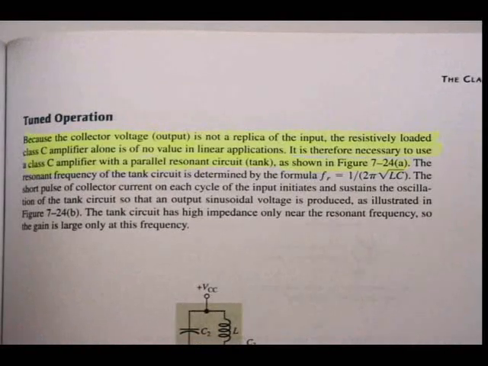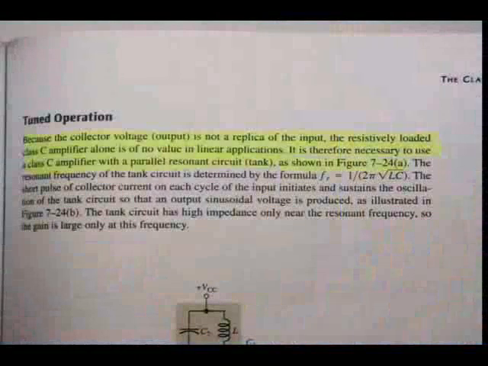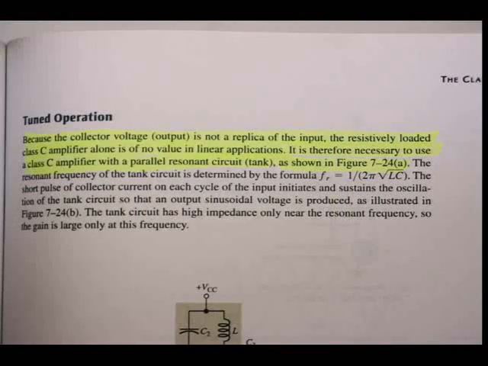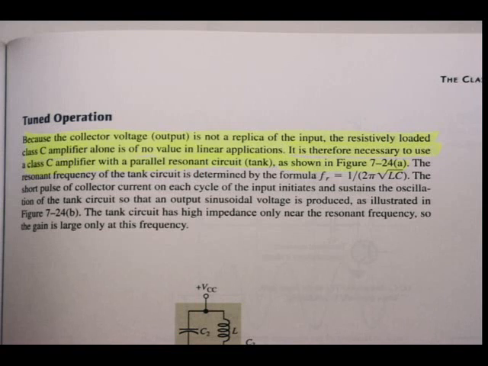And then on page 343, because of the tuned operation, remember that's where it's used, the collector voltage output is not a replica of the input, so the resistively loaded class C amplifier alone is of no value in linear applications. Mentioned it a few times already.